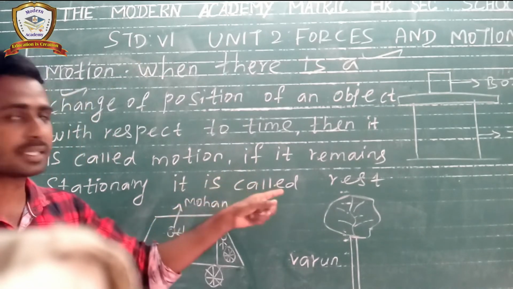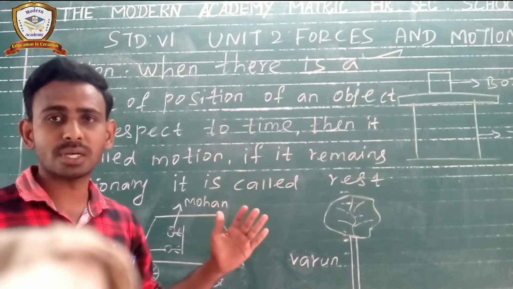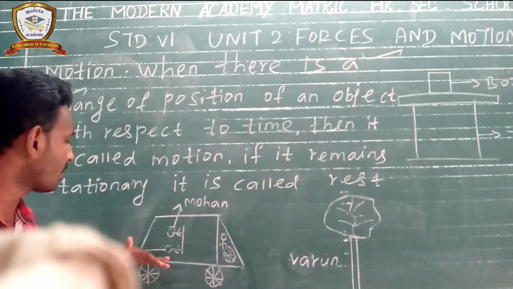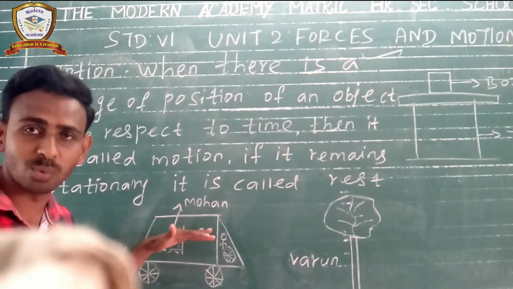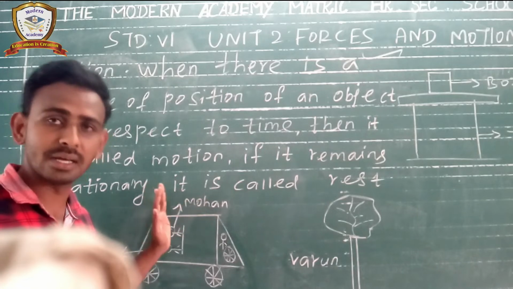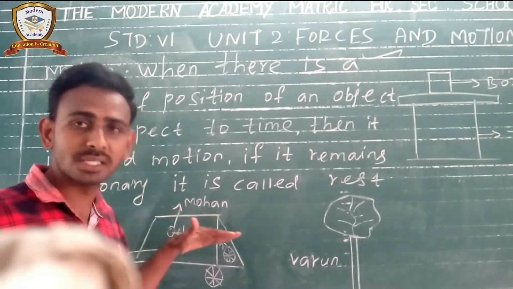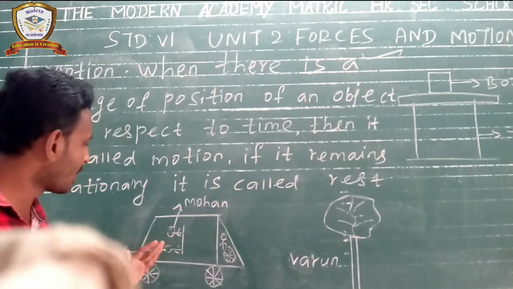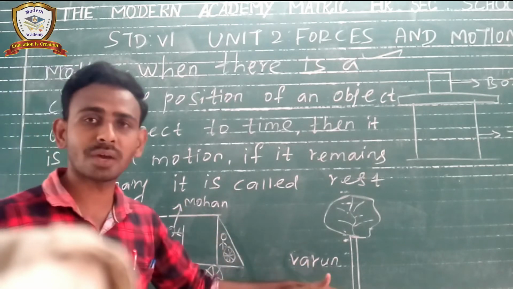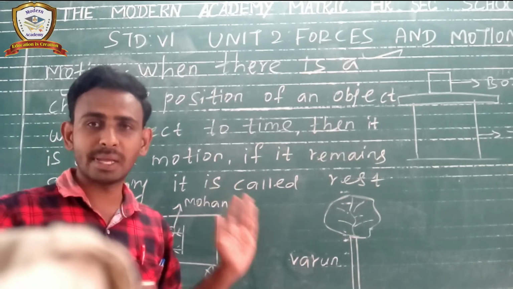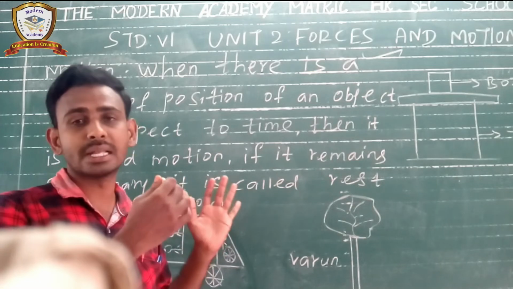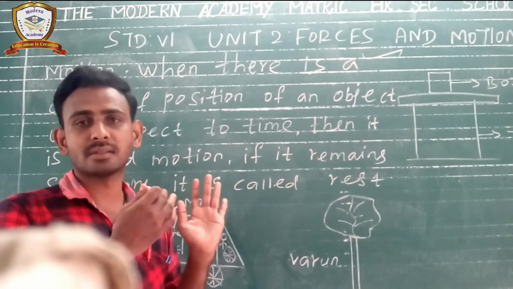So motion and rest are both relative concepts, right? From Rekha's point of view, Mohan is at rest, but from Varun's point of view, Mohan is moving, right? So based on this example, motion and rest are both relative concepts.